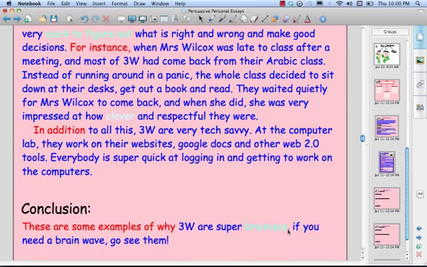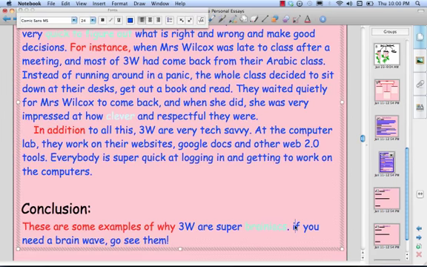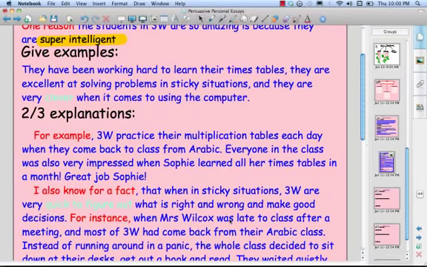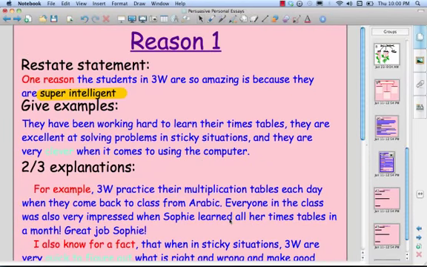Another fun word there that is synonymous to clever and smart. Oh, let's put my capital letter in there. If you need a brainwave, go see them. Okay, so that is an example of what your first paragraph could look like. I hope that's helped, and I look forward to reading your work soon.